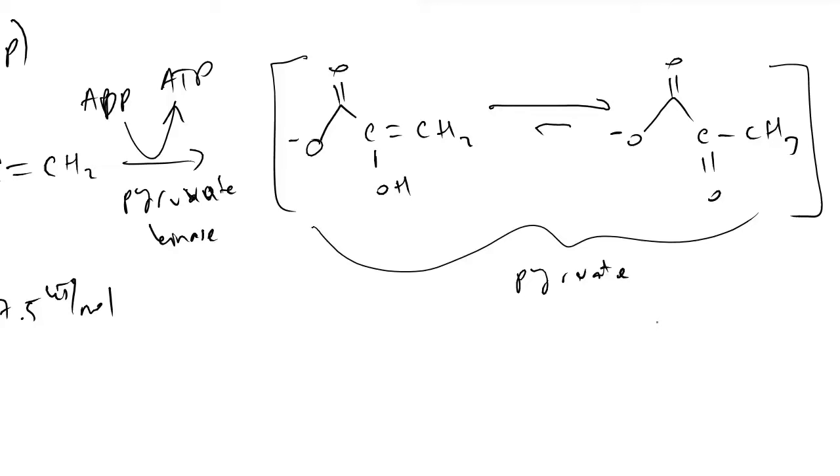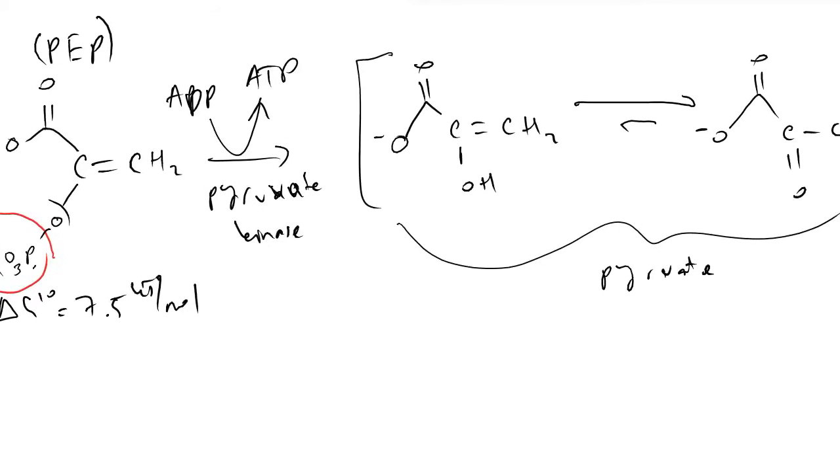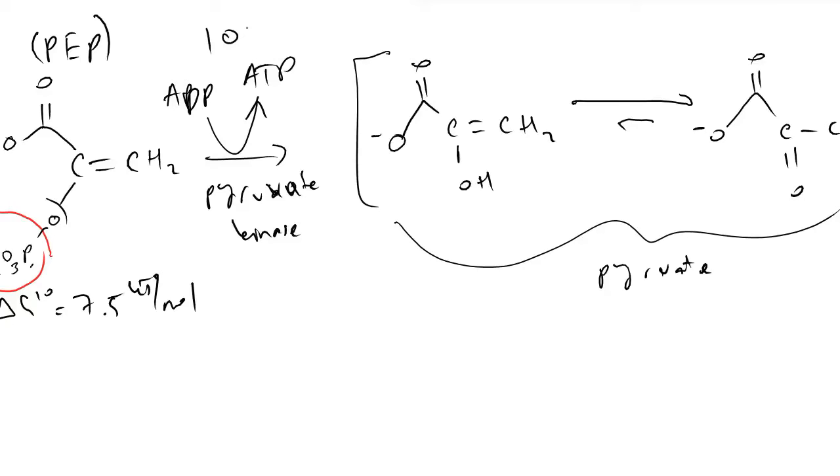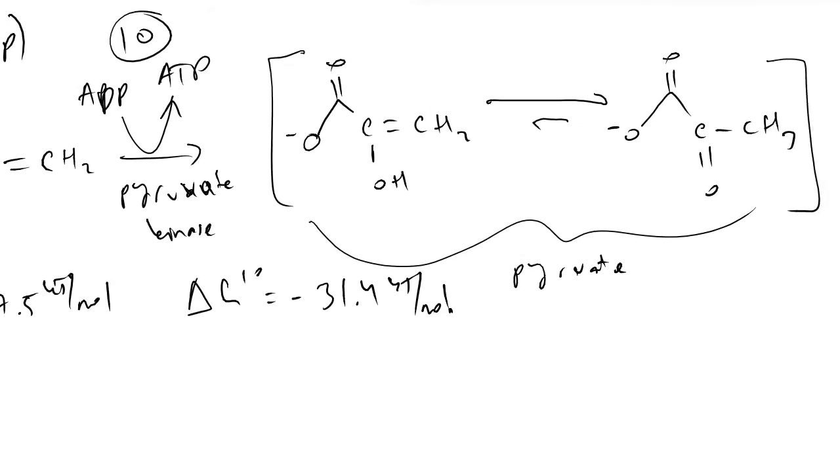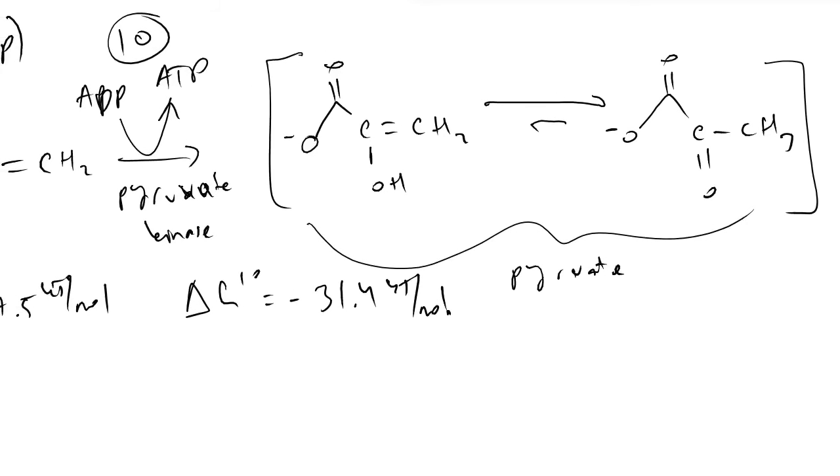And the Gibbs free energy of step 10, the last step of glycolysis, is minus 31.4 kilojoules per mole. So this is a very exergonic, spontaneous process, which means it happens very readily, it's very unidirectional, and this concludes glycolysis.